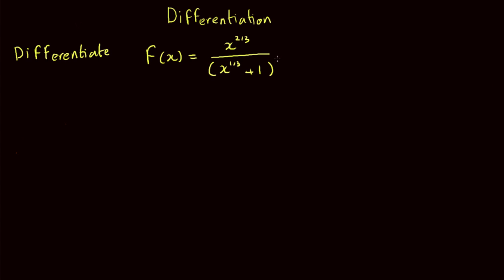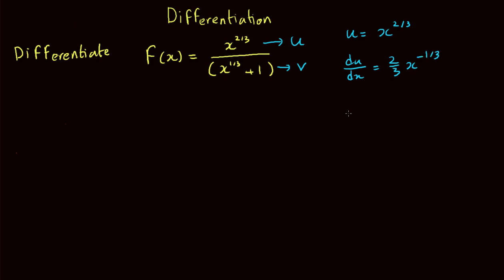Assuming you've paused the video and attempted it, what we can see here is that this question is written in the form of a fraction. So the only way we could solve this easily is through the quotient rule. I'll take it in terms of u and v. So u is simply x to the power of 2/3, therefore du dx would be 2/3 x to the power of 2/3 minus 1, which gives negative 1/3.